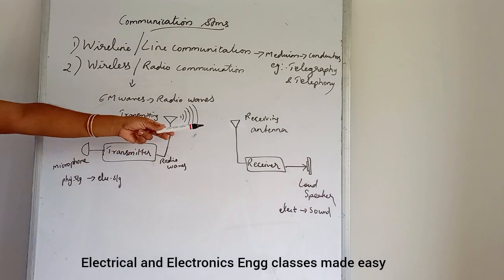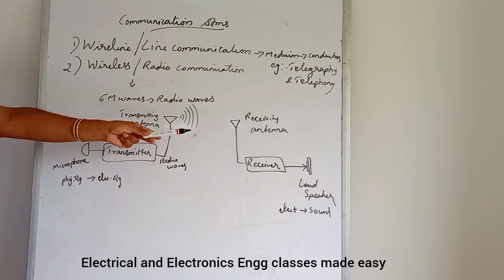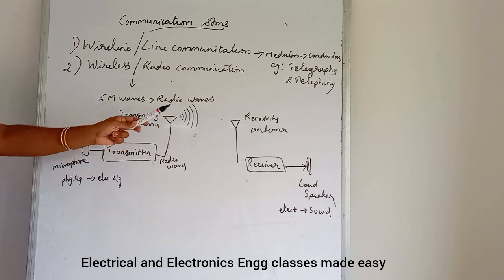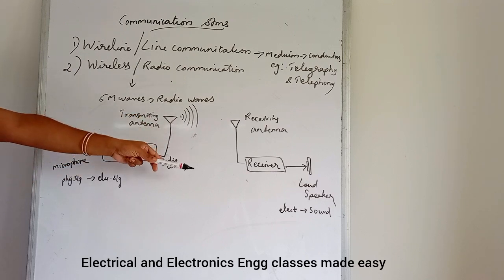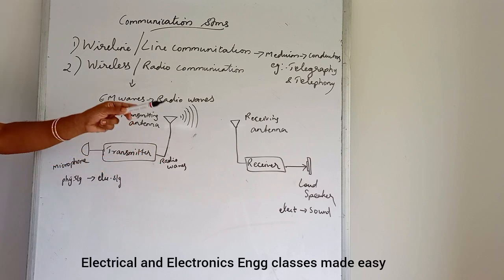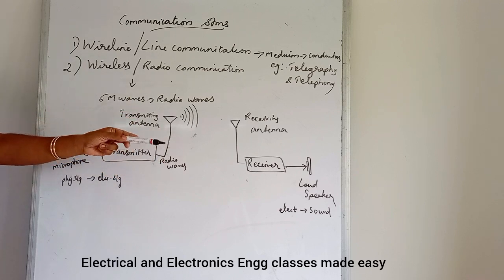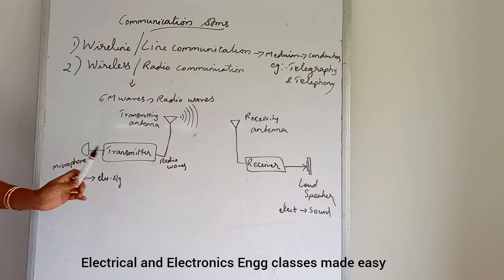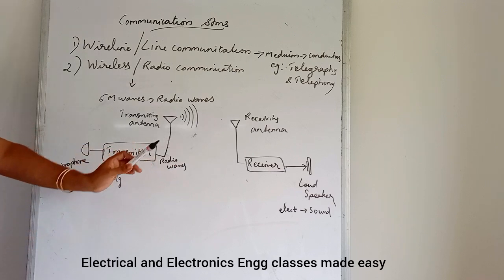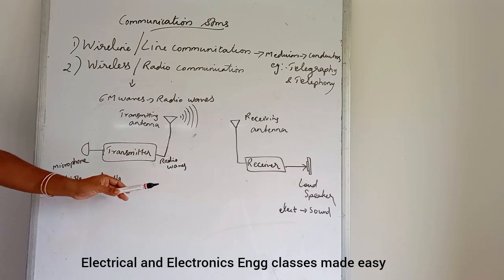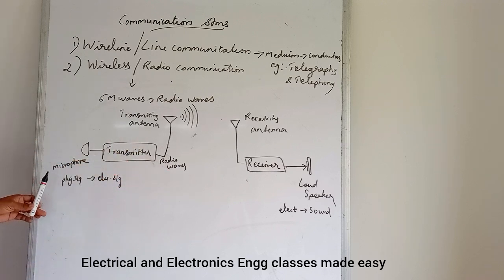Then the receiving antenna receives a part of the radiated wave. The receiver selects, amplifies and detects the desired signal. Then the loudspeaker converts the electrical signal into sound, thus reproducing the information. So in this way, the radio communication system works.